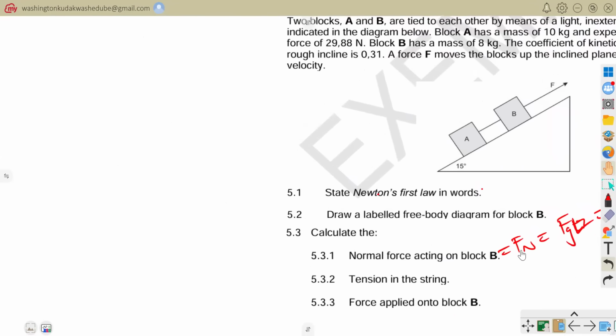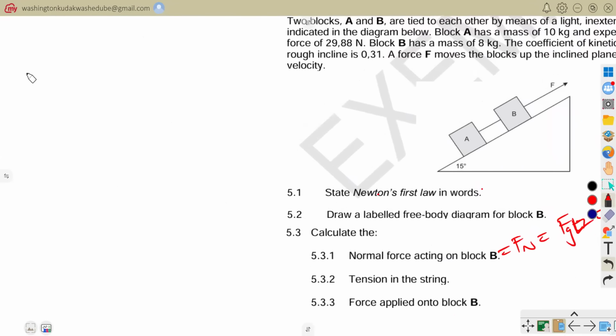So to calculate the tension in the string, I would need to calculate forces that are acting on A, and then I would need forces that are acting on B. So here I'm told that the objects are moving at constant velocity, so the net force would be equal to zero.